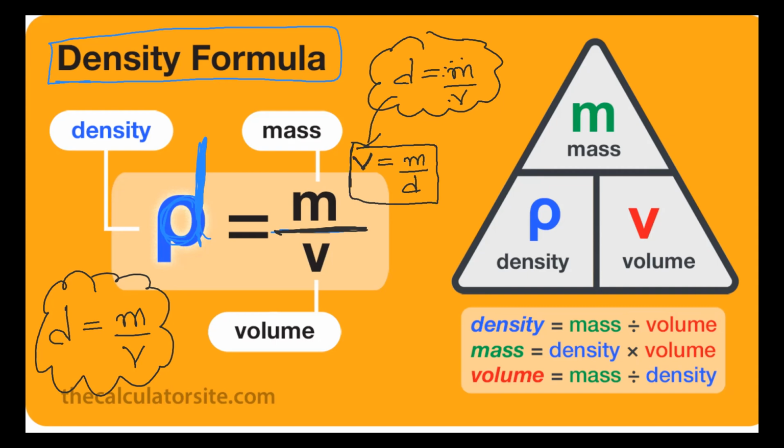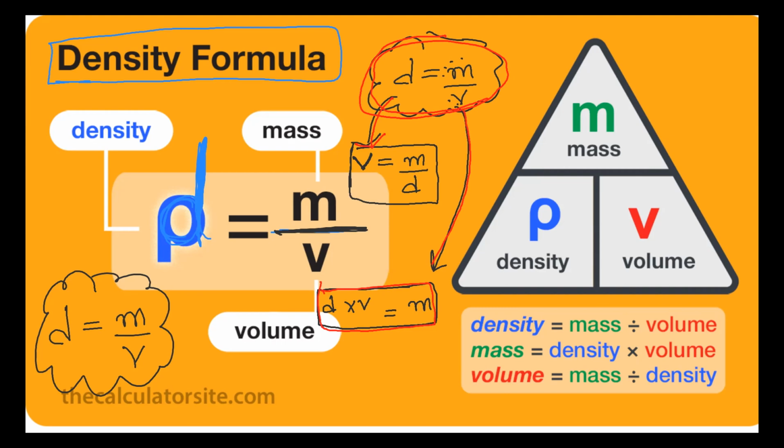Similarly, if I want to make mass the subject, density will remain as it is, and volume will go up to become density into volume. So mass becomes density into volume. The only thing you have to remember is density is equal to mass by volume, and from here alone we can write volume as mass by density and mass as density into volume.